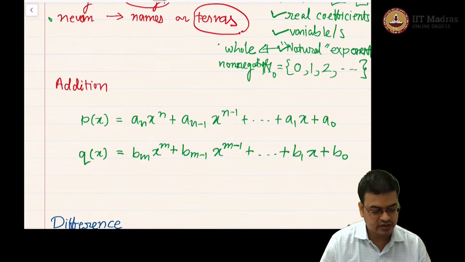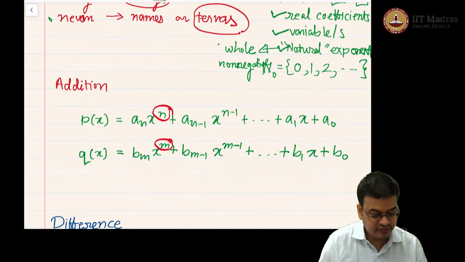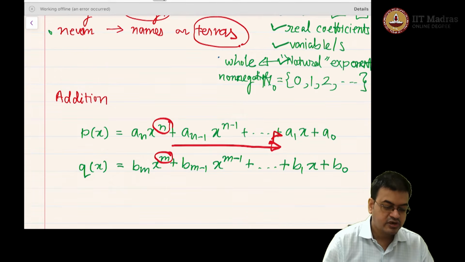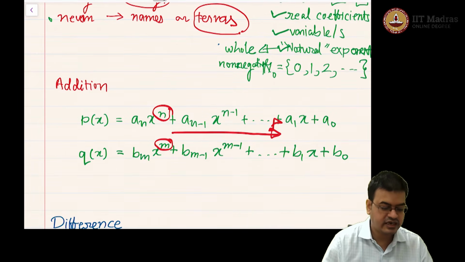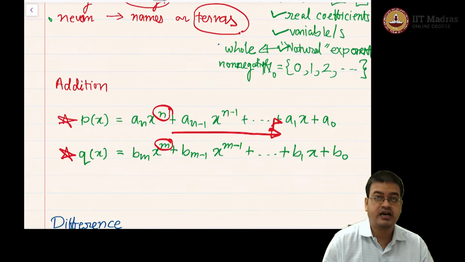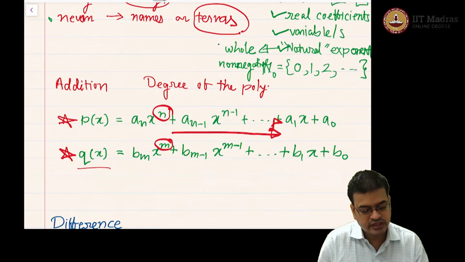Now you will see the clear-cut distinction between these two polynomials. One is raised to the power n, another to the power m. The way we have written the polynomial in descending order of powers or exponents, you can easily see that n is the highest exponent in p(x). Similarly, in q(x), m is the highest exponent. These are called the degree of the polynomial.